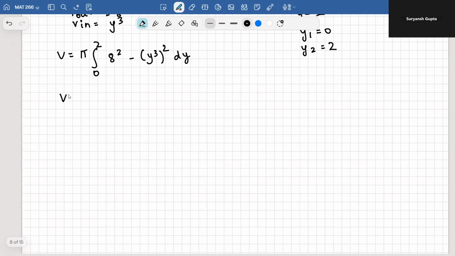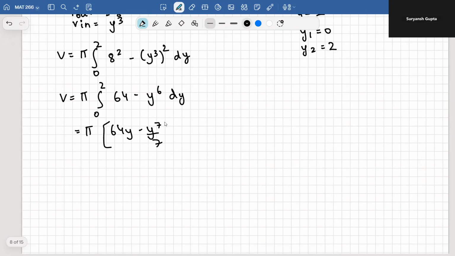So I can simplify this further, and I get pi 0 to 2, 64 minus y to the power 6 dy. When I integrate the function, I get 64y minus y to the power 7 over 7, and the bounds are from 0 to 2.